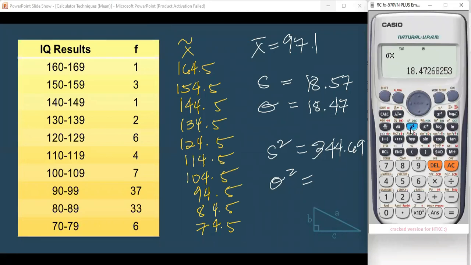So kailangan na po natin square. So that will give us 341.24. Now, my dear students, let's get the summation.